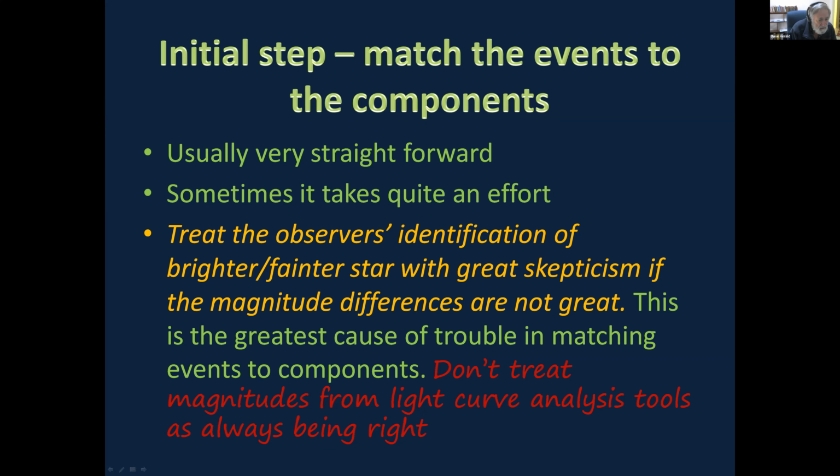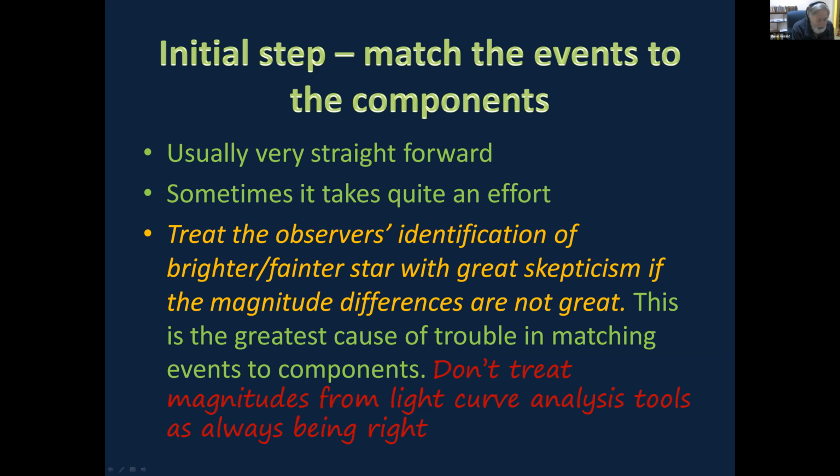When you get an observation which claims double stars, one of the challenges is you've got to match the observations to the components of a double star. In many cases, this is very straightforward.